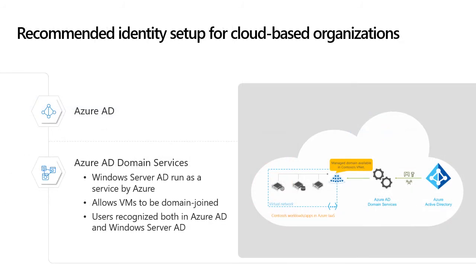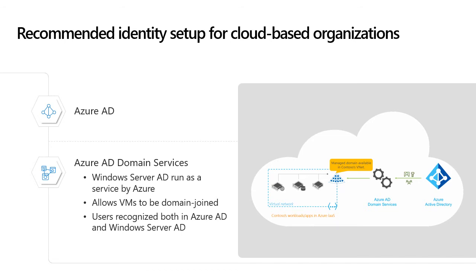For cloud-based organizations, so if you're a company where everything is on the cloud, all of your applications are in the cloud, there's nothing left on-premises except for AD servers and the PCs themselves, you may want to go full on Azure AD Domain Services. This is Windows Server Active Directory that is running as a service on Azure.